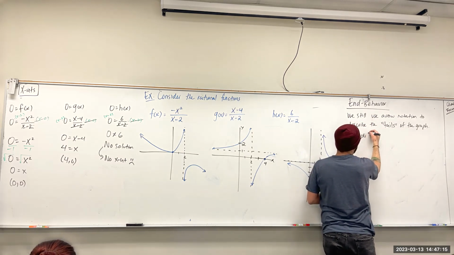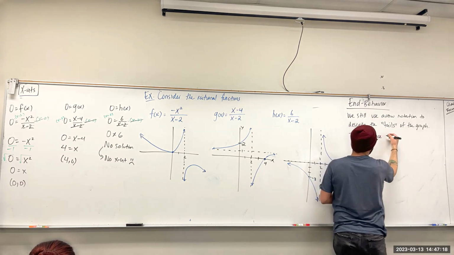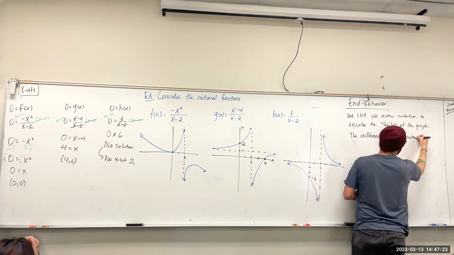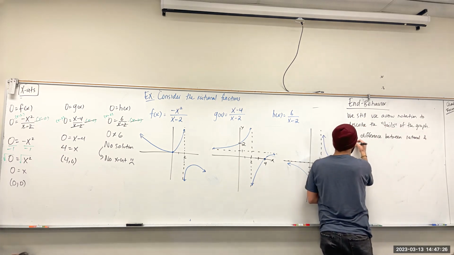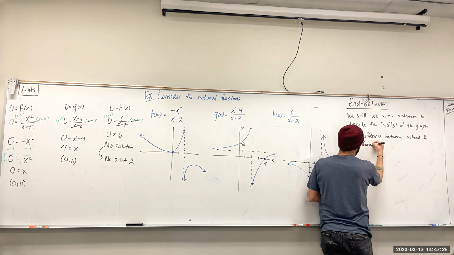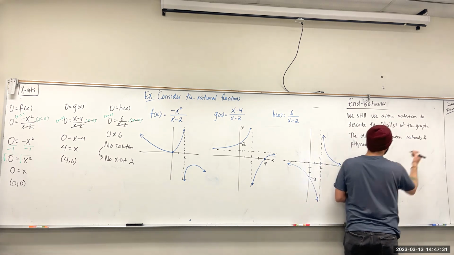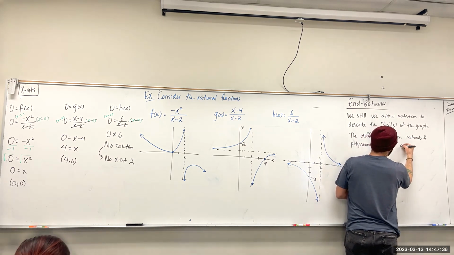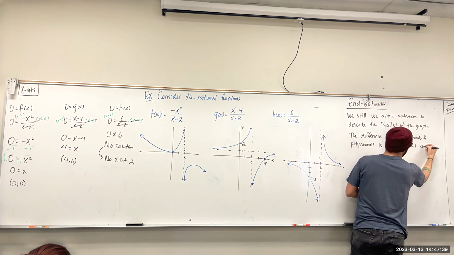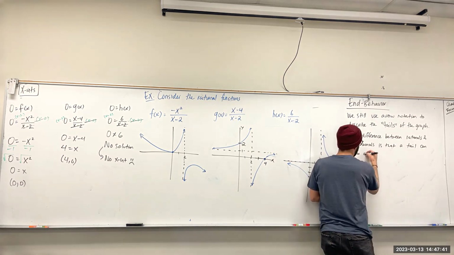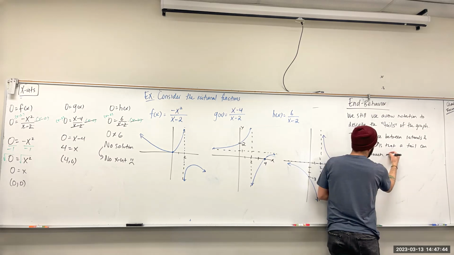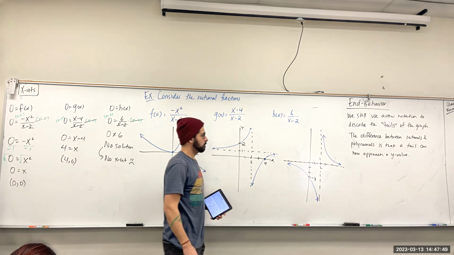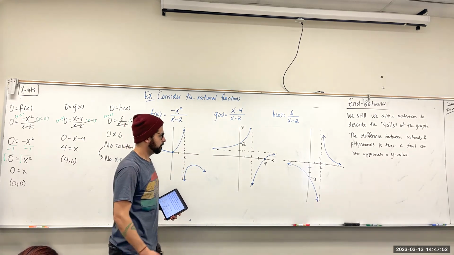The difference between rational and polynomial functions is that a tail can now approach a y value. So it's not just positive or negative infinity. Okay.